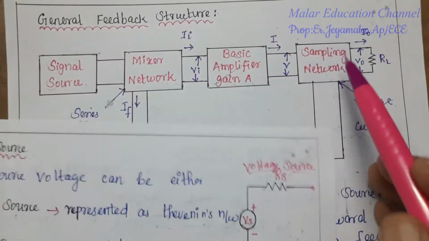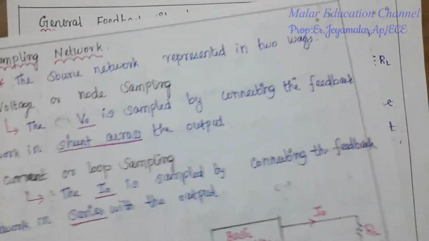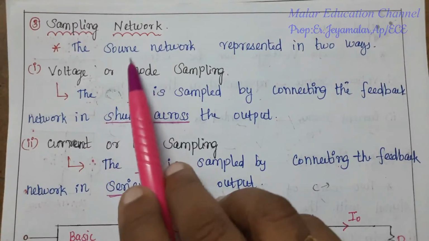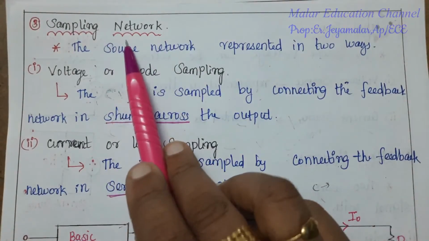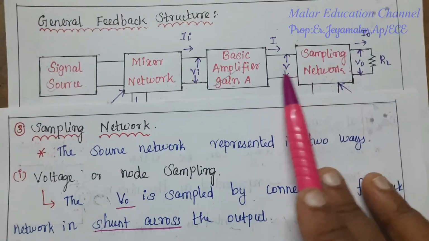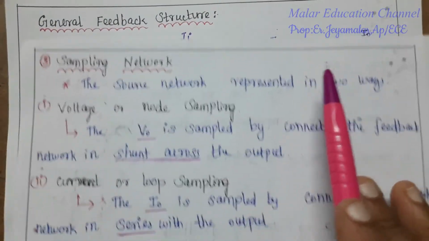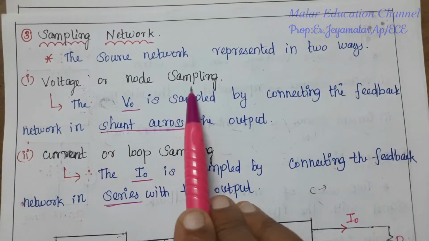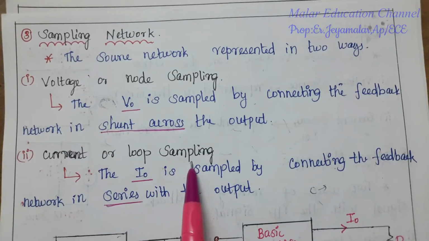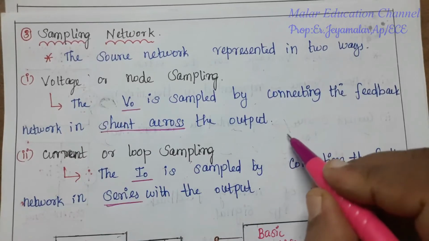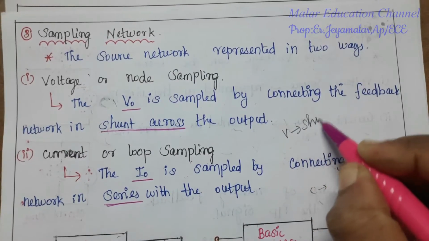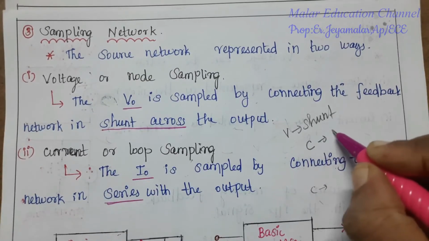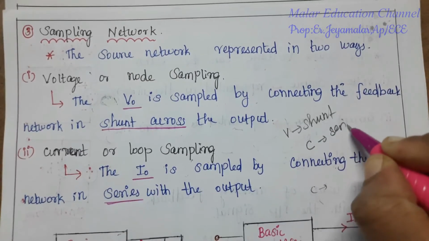Next, sampling network. The sampling network is connected in the output section. The sampling network is represented in two ways: voltage or node sampling, and current or loop sampling. Always keep in mind, voltage means shunt or parallel, and current means series.